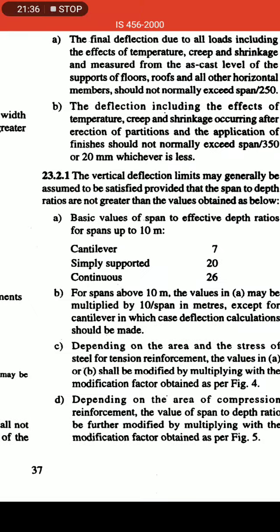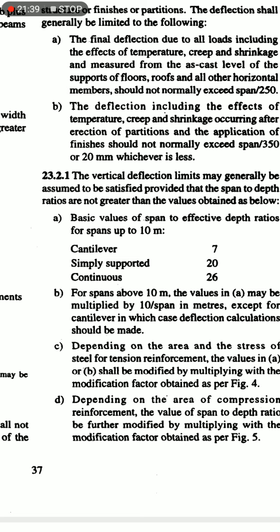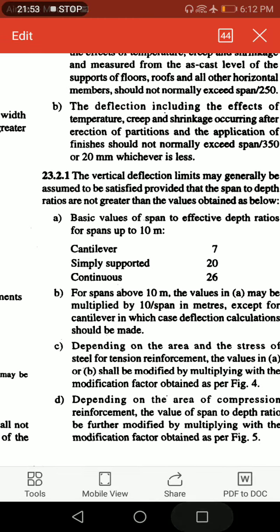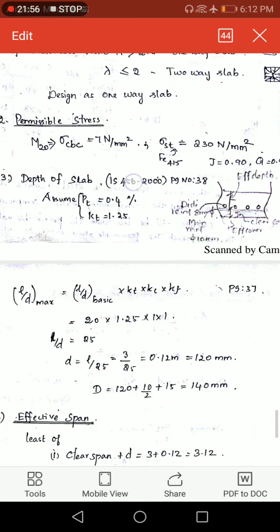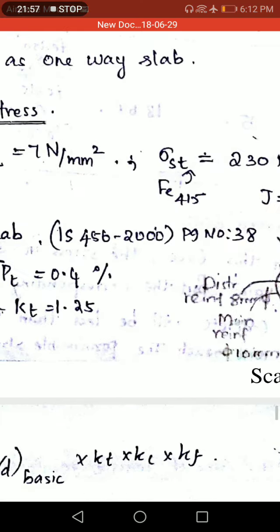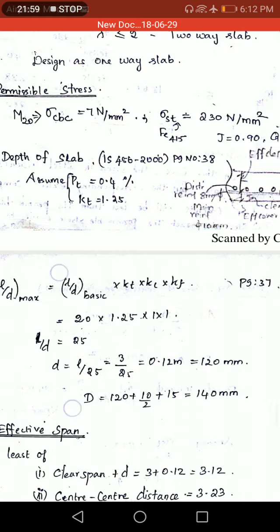Basic values for L by d: cantilever 7, simply supported 20, continuous 26. So here the slab condition is simply supported. That's why we take L by d basic value as 20. Okay. So therefore L by d equal to 25.